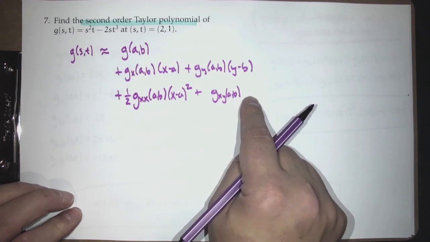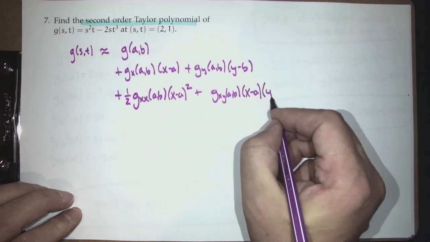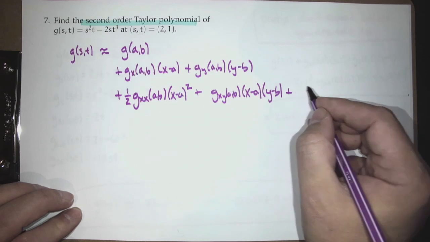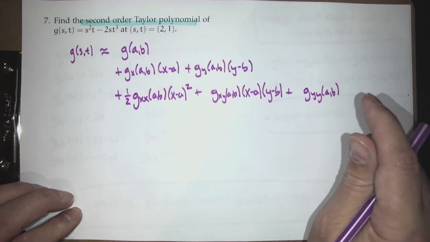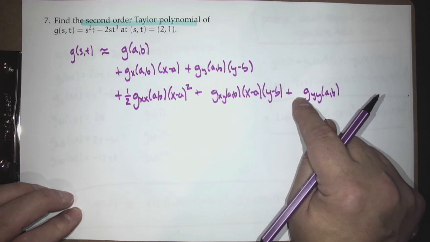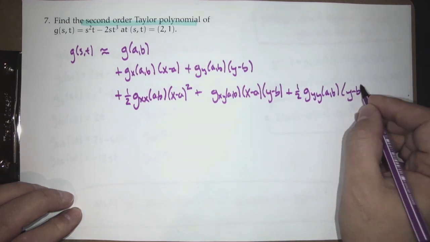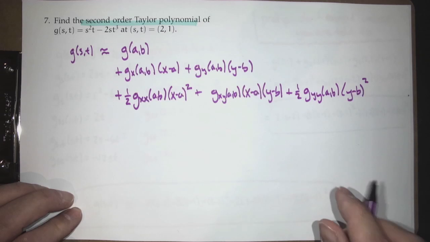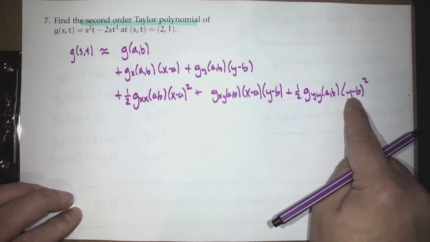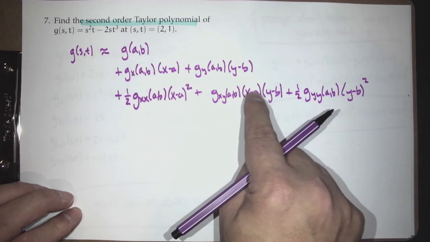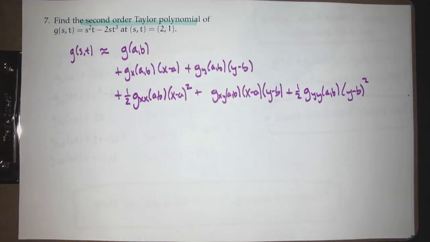What else do you need? (x minus a)(y minus b). Then your last one, g_yy(a,b). What goes in front? 1/2, good. And at the end? (y minus b) squared. In some sense, you can figure it out, right? y, so I should have 2 y terms. Here's an xy, so I should have an x and a y. xx, so I should have 2 x terms.